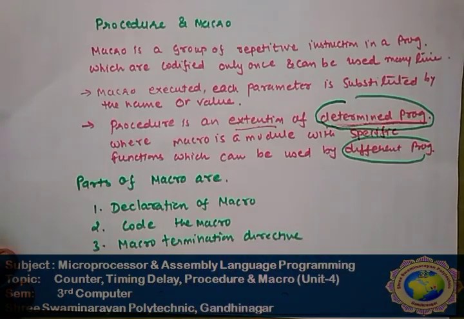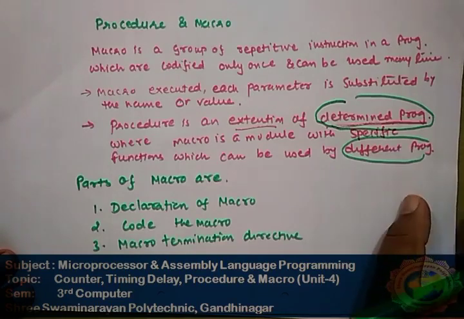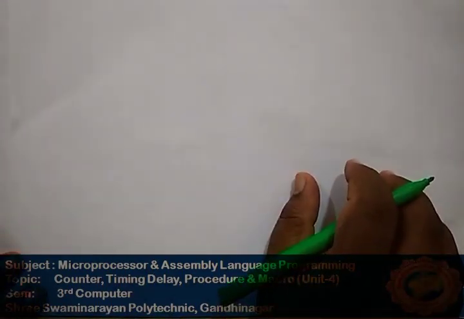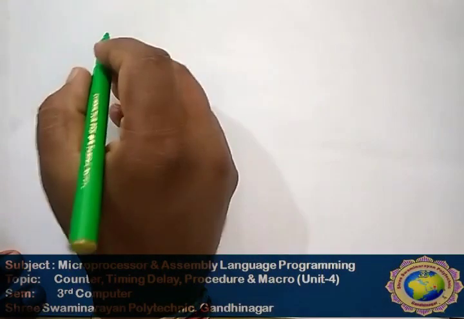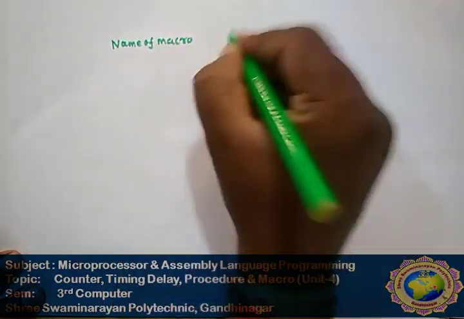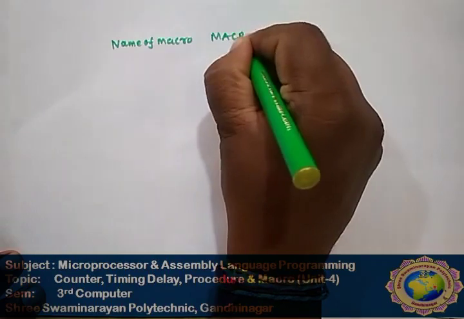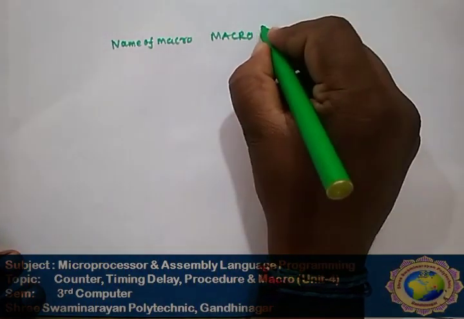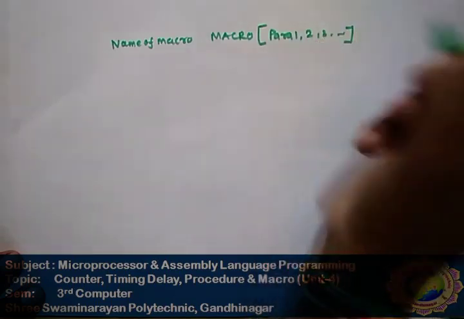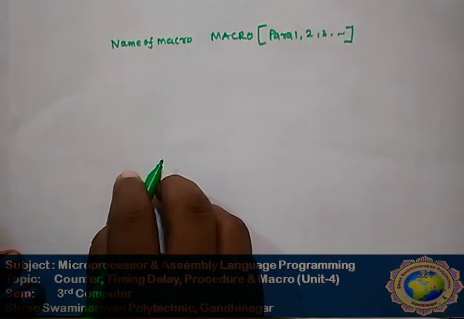How can we declare it? First you write the name of the macro, then you write MACRO, then parameters 1, 2, 3, whatever parameters you use.